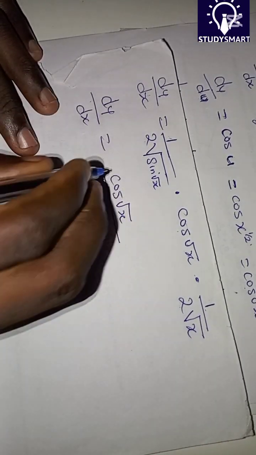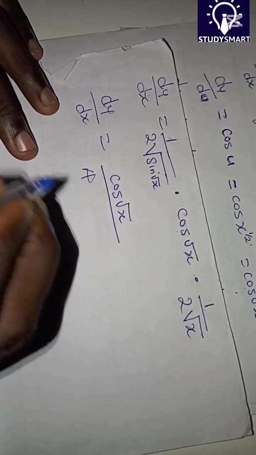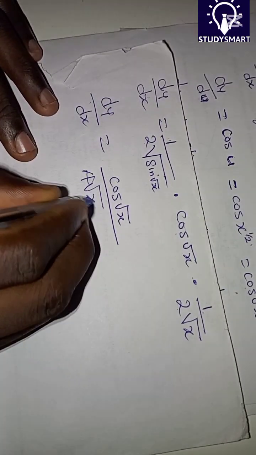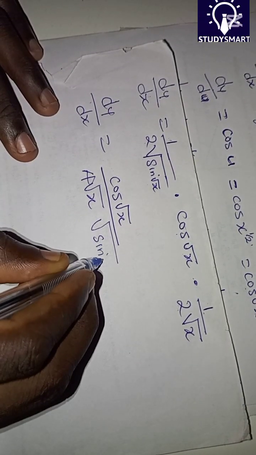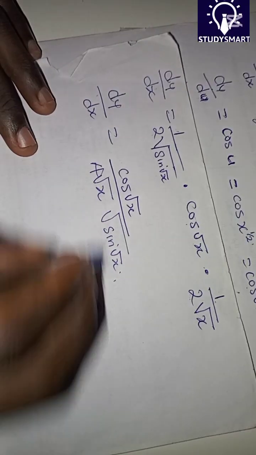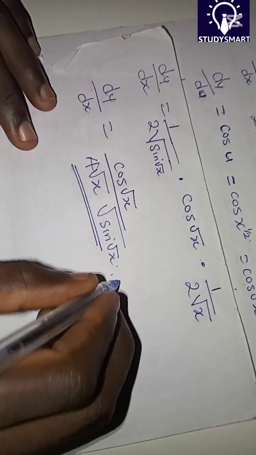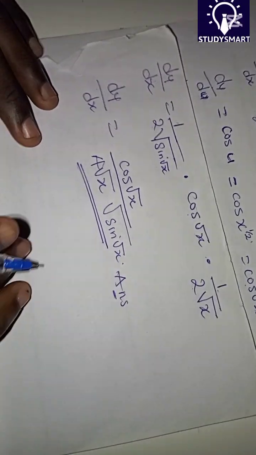This is 2 times 2, which is going to give me 4. I have root x, then I have another root sine root x here. So it means that my dy/dx is equal to this, which is the answer to that problem.